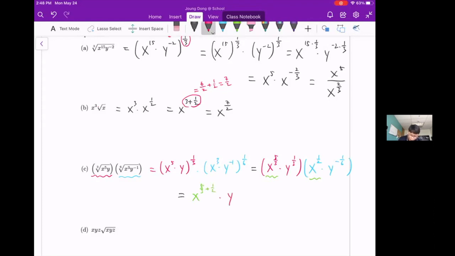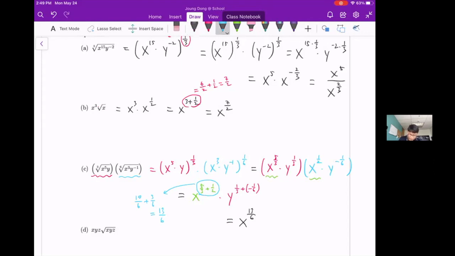It's y to the 1/3 plus negative 1/6, right? Then we have to take care of these exponents, and as you know, we have to use the common denominator, okay? So the common denominator is 6, right? So it is 10/6 plus 3/6, which is 13/6, right? So the answer for the first term is x to the 13/6, right?